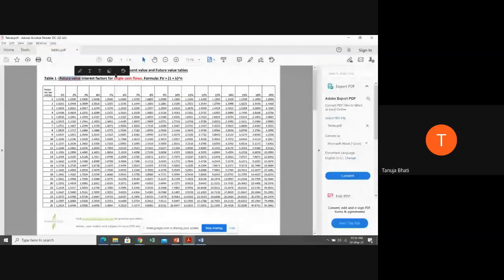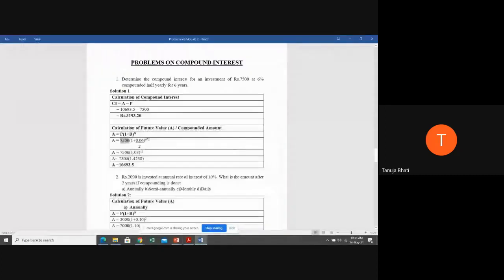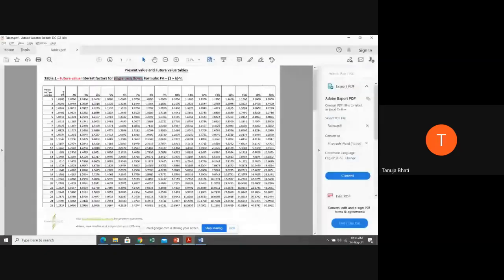Here you need to see 3% for 12 years. I told you all that the rate of interest is horizontal. So you can see 3%, and 12 years you will get vertical. So 3% for 12 years, corresponding to that, what is the amount?